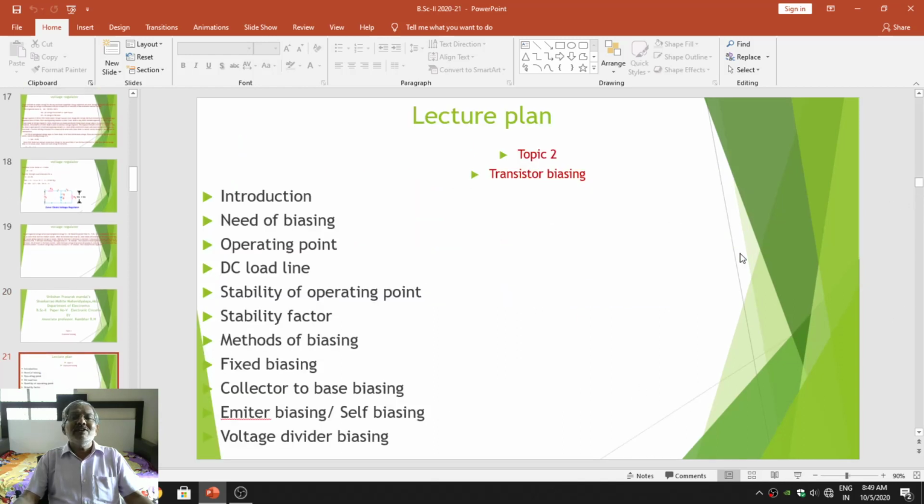So to study that particular topic, that is transistor biasing, we have to plan how to proceed with that particular topic, and that is what we can call the plan of our lecture. We will begin our topic with the introduction of the transistor biasing. Just now whatever we have studied about the beginning of the transistor biasing, all that we can call the introductory aspect.